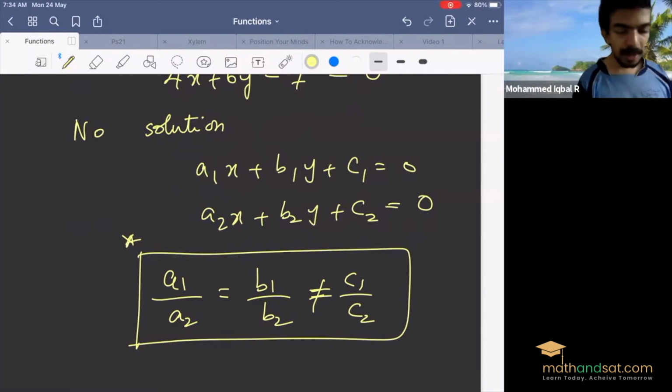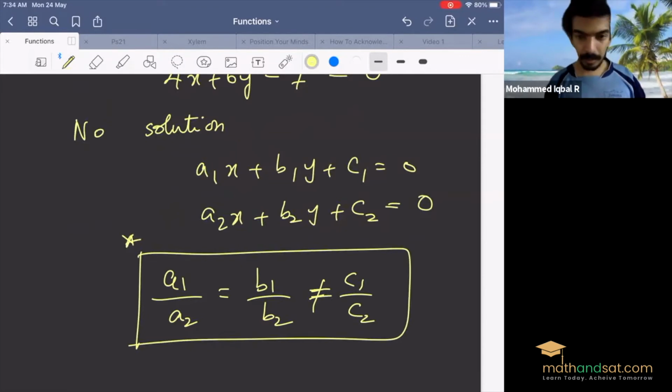Of course, you may not have seen this relationship, but you should remember this. This is a shortcut. If you can use this directly in a question, you can get the solution within a few seconds.